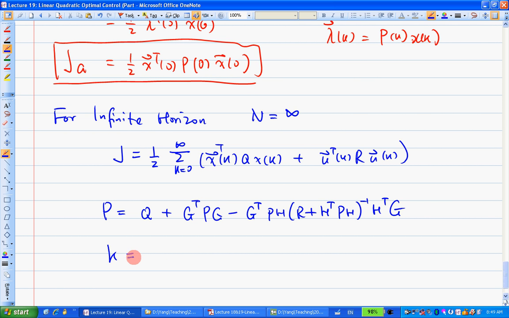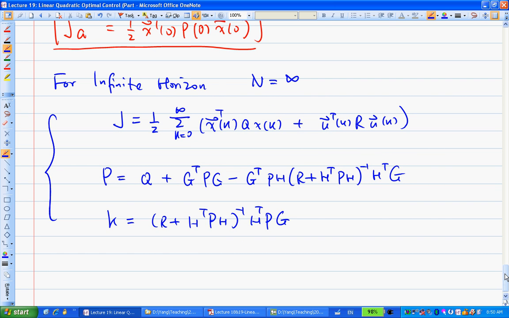And the gain matrix K is going to be R plus H transpose P H inverse H transpose P G. So nothing really too much different than here. Just get rid of the small k index.